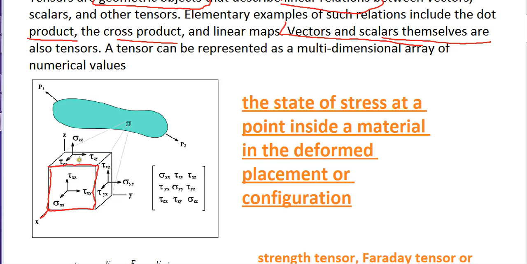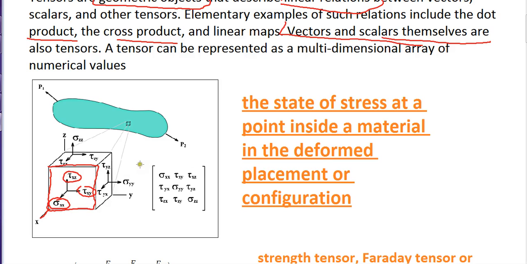The stress tensor describes every state of stress in that body. For example, in this plane we have sigma xx, the force per unit area exerted along the x-axis, and that's why it is sigma xx. Then there are tau xy, tau yx, and so on.